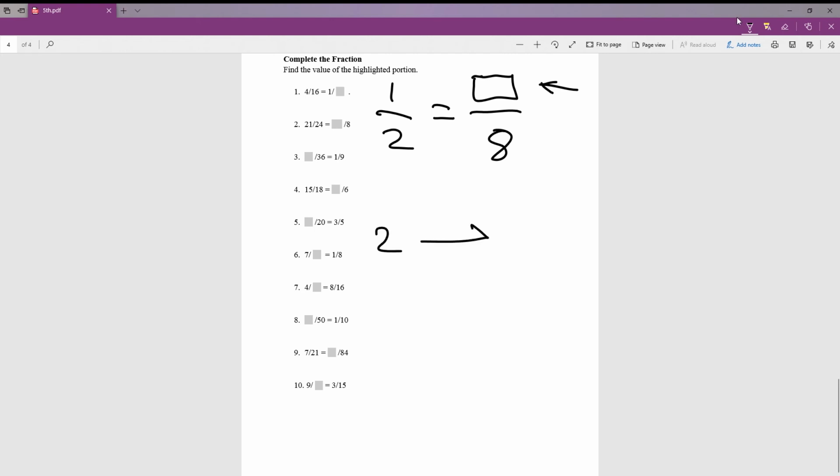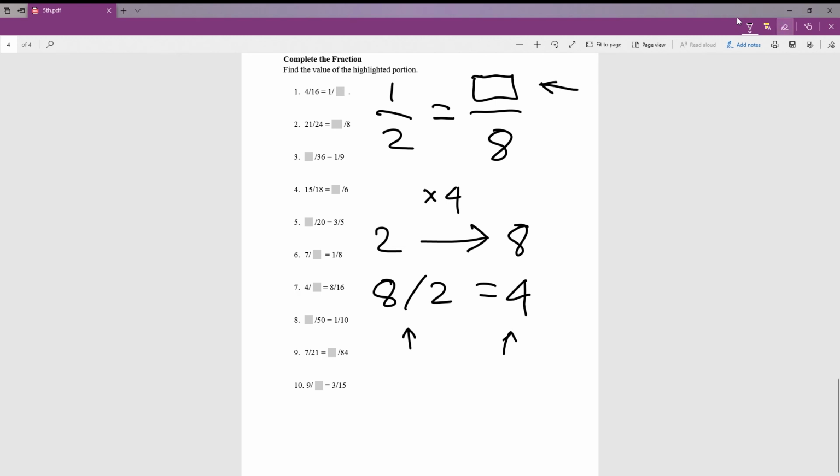And 2 becomes 8 by multiplying by 4. You can also find this by dividing 8 by 2. And because you divided, you would be multiplying by 4.